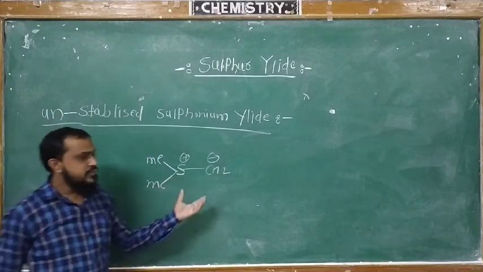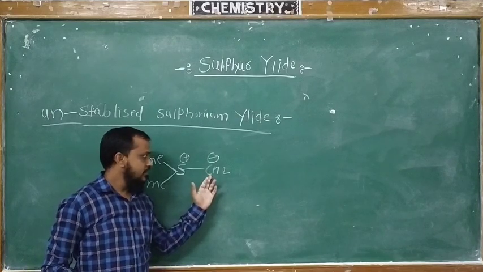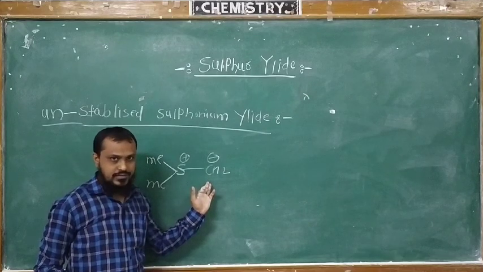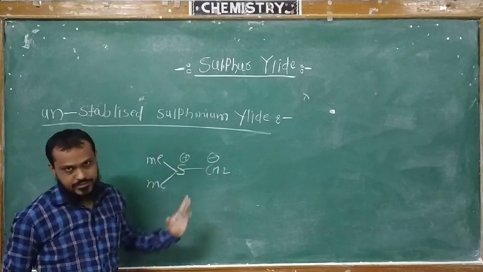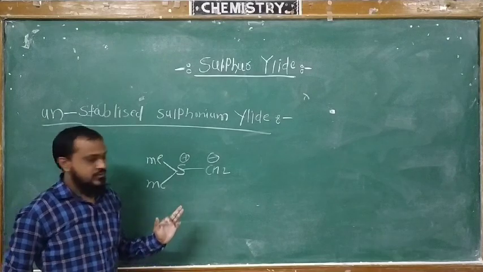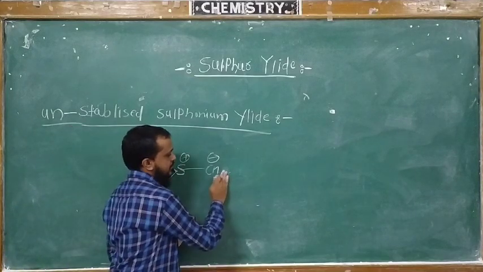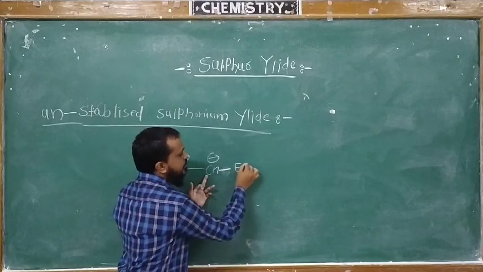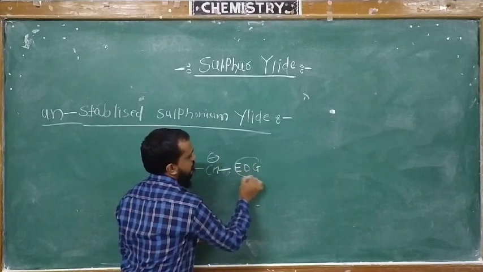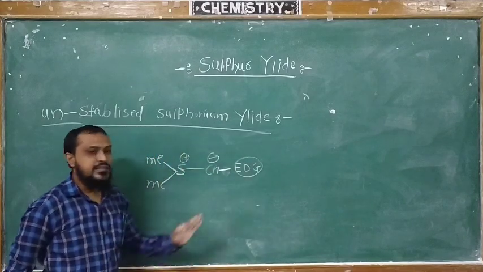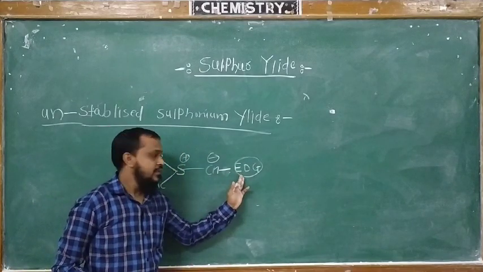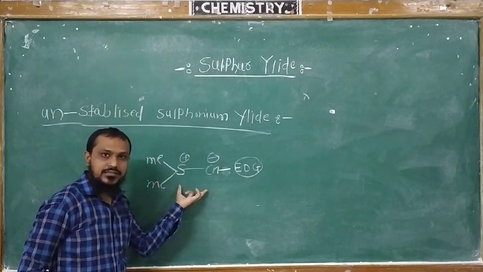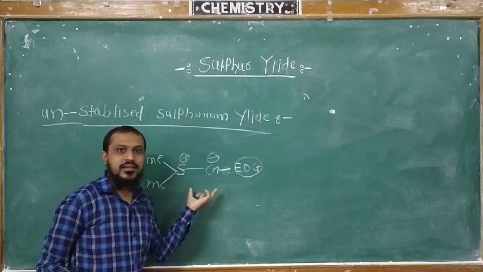Okay, when we observe this structure here, carbon has a negative charge, meaning it acts as a nucleophile. It is also an electron rich species. Suppose here this negatively charged carbon is attached with an electron donating group by resonance and inductive effect, then this type of sulfonium ylide is called unstabilized sulfonium ylide.